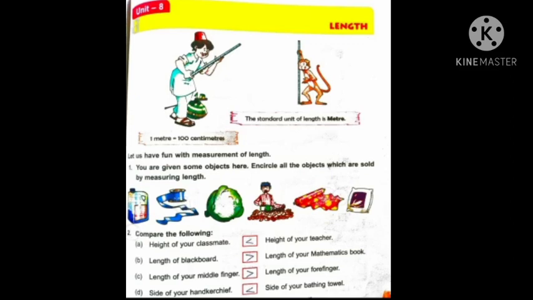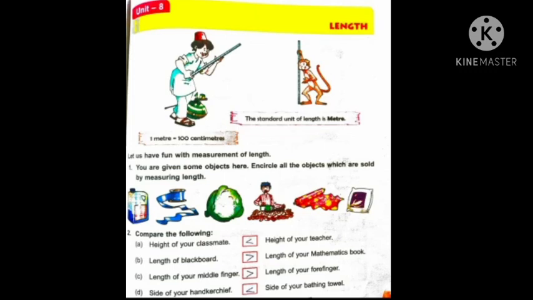Look at the second sum. Compare the following. Here it is given: height of your classmate, height of your teacher. You have to compare it. Comparing means what should you do?